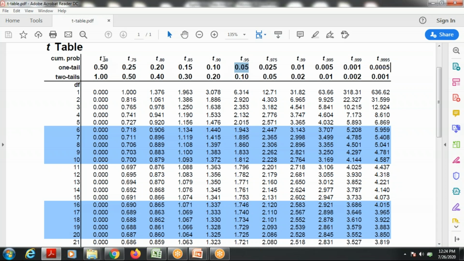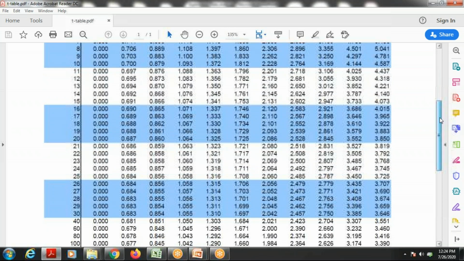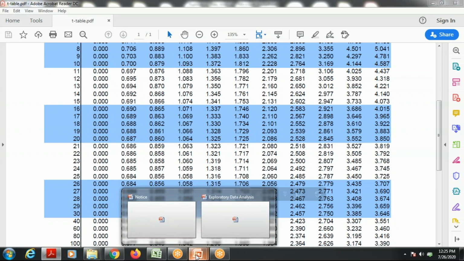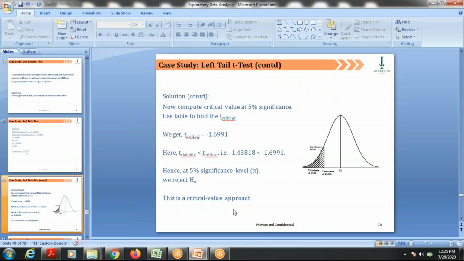So that is line number 1, 2, 3, 4, 5, 6, the sixth line. And then we are looking at 29 degrees of freedom. This is 29 degrees of freedom here. And in the sixth line, are you getting this value as 1.69? Yeah. Got it? Now it is saying that your calculated value is 1.69.